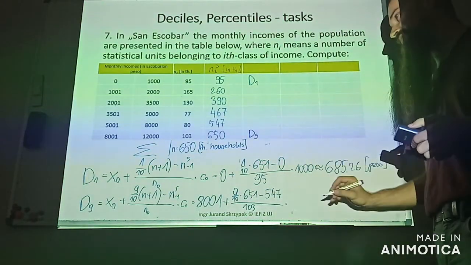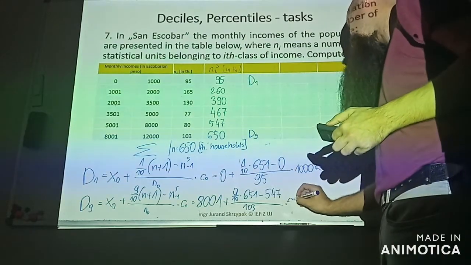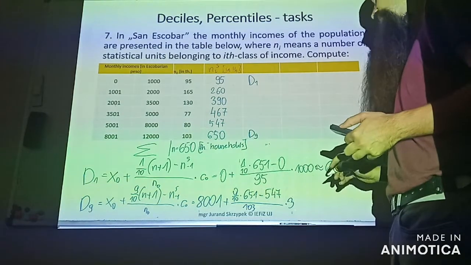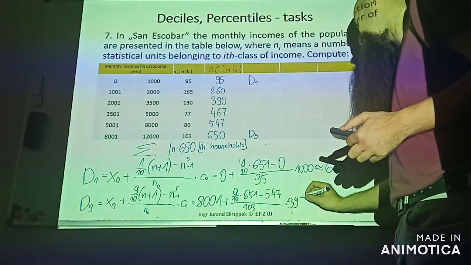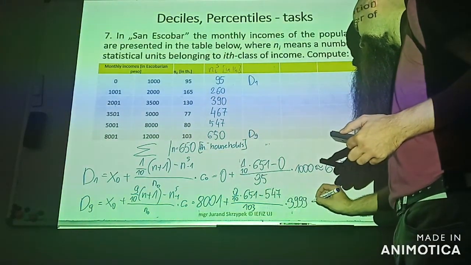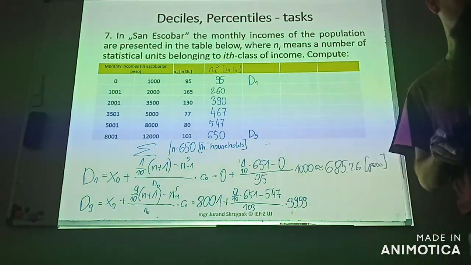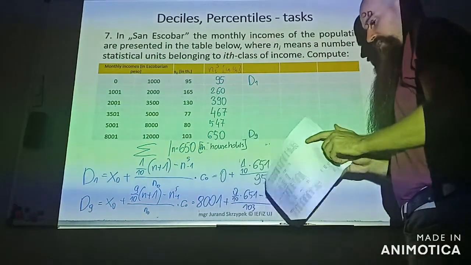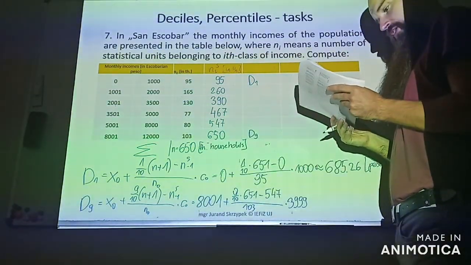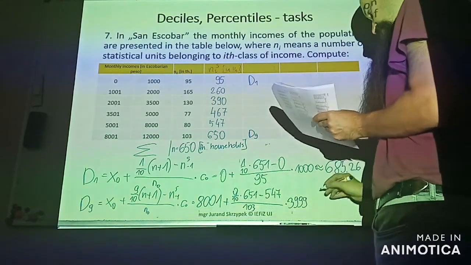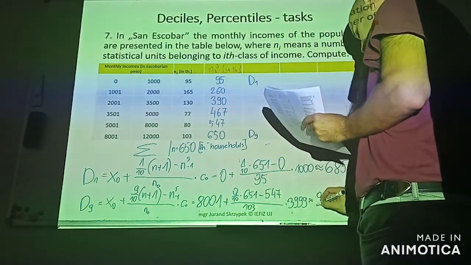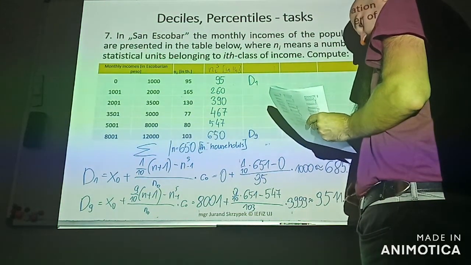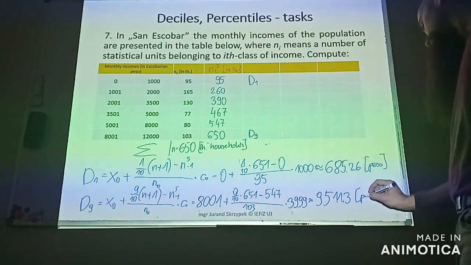All right, and we multiply this amount by the difference between 12,000 and 8,001, which is 3,999. All right, and the final result, yeah, I'm using a cheat sheet, is 9,511.3 pesos.